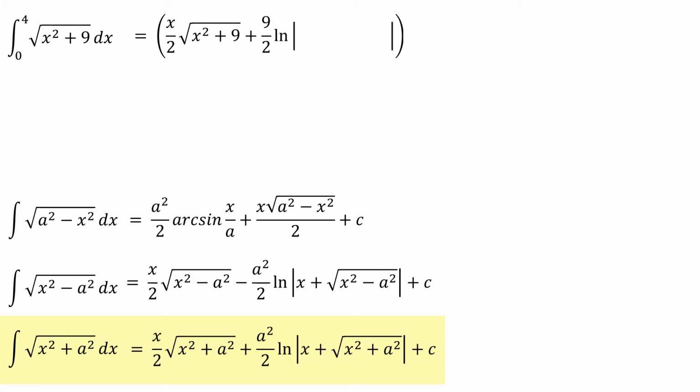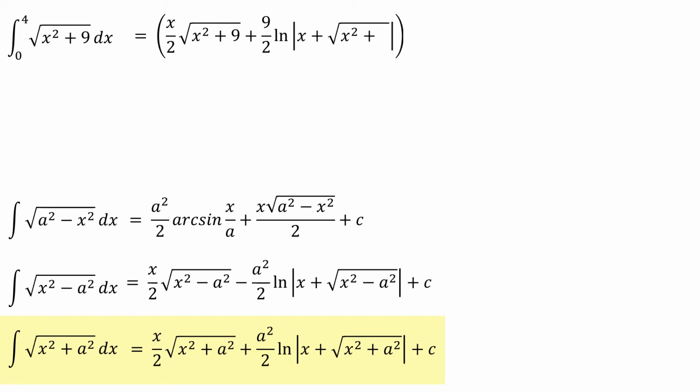I have to have a natural log, and inside the natural log, I have to have the absolute value symbol. I have to have an x. I have to have a plus sign. I have to have a square root symbol. I must put x squared. I must put a plus sign.